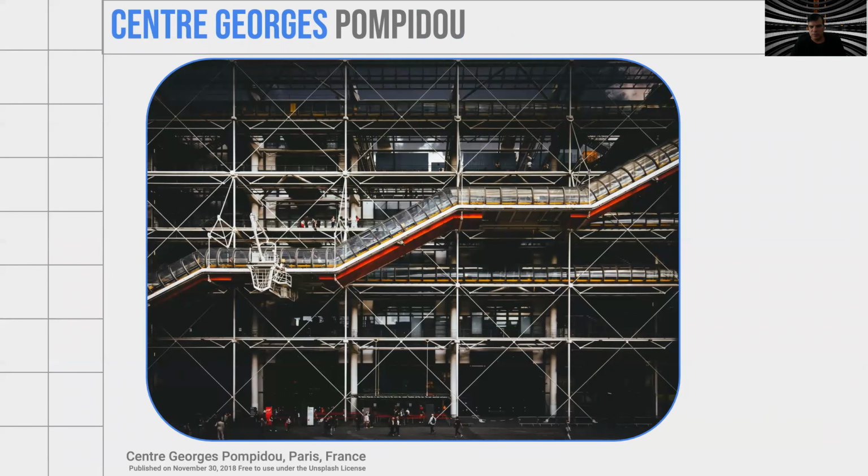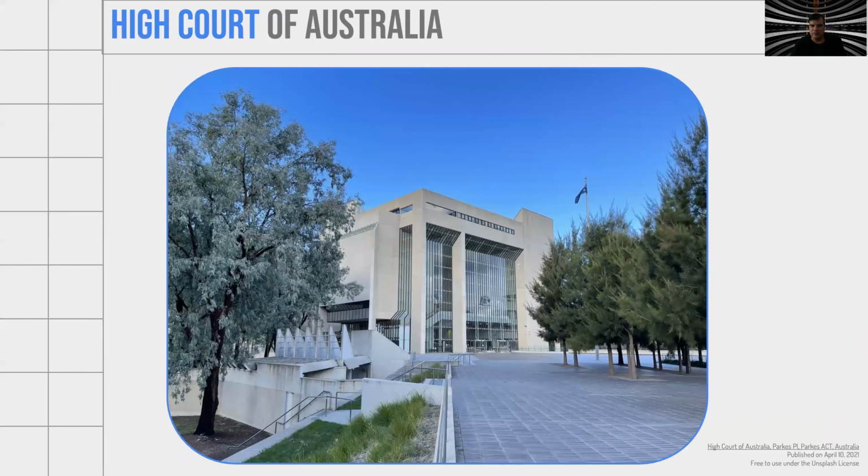The Centre Georges Pompidou in Paris has something very interesting. In the interior, there are no columns. All the columns are on the outside of the building, as well as all the circulation and all the services. All the central area of this building is free to do whatever the designer wants.